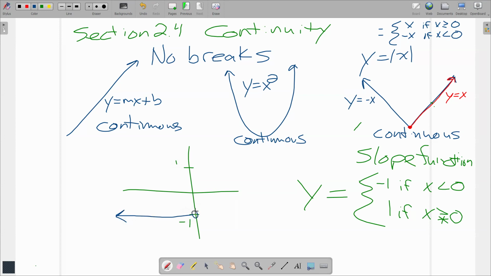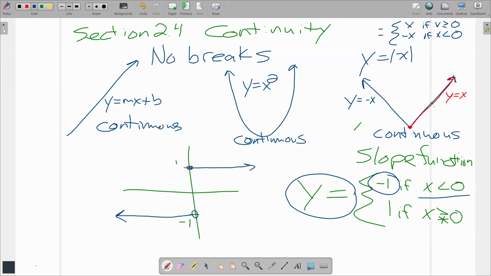So I'm going to put an open circle there. So that's a graph of y equals -1 only for those x values. Now to finish the graph, I have to say, okay, now we're going to let y equal 1 for 0 and beyond. So that would go like that, right? And should I put an open or a closed circle there? Maybe a closed circle here.